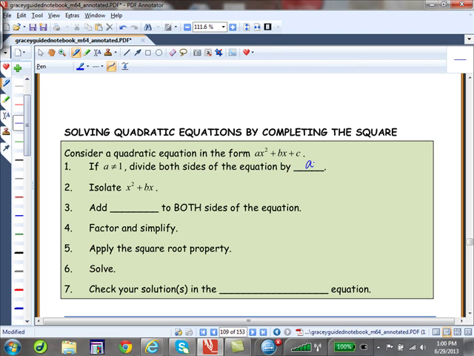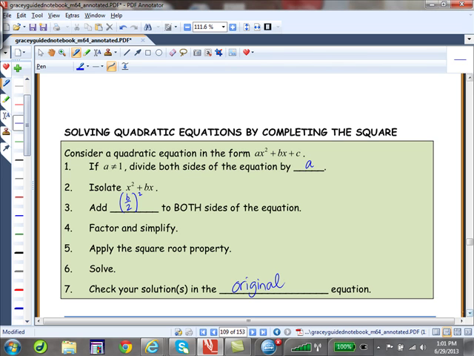You isolate the terms that have x's in them, so you isolate the x squared plus b times x. You add b over 2 squared to both sides of the equation. You factor and simplify. Apply the square root property, solve, and check your solution or solutions in the original equation.